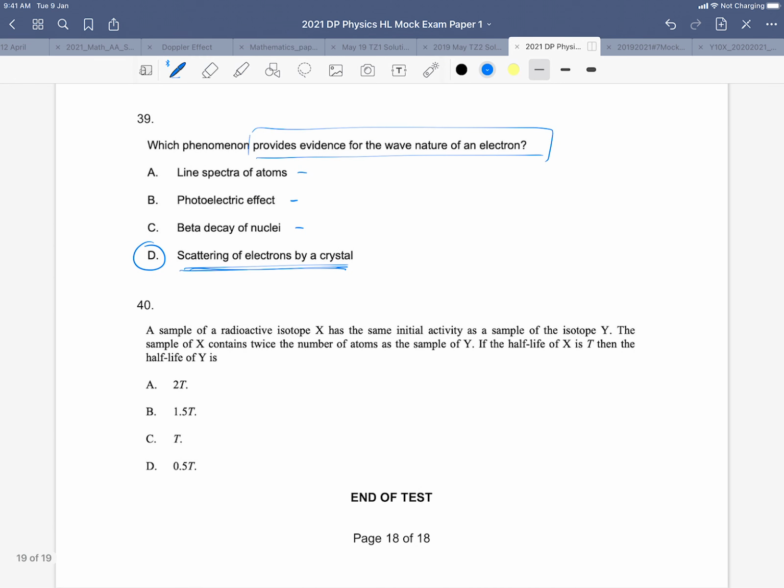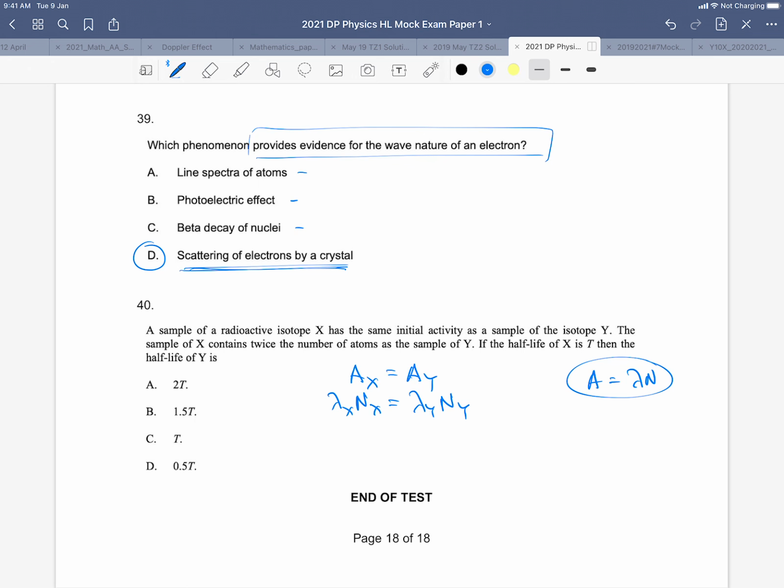Okay, radioactive decay, almost there. A sample of radioactive isotope, same initial activity, so A_X equals A_Y. Now we know that activity is proportional to the number of radioactive nuclei, so I would write this very important formula: A equals lambda N, super important, always true.